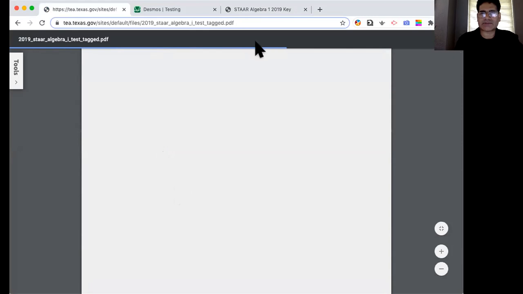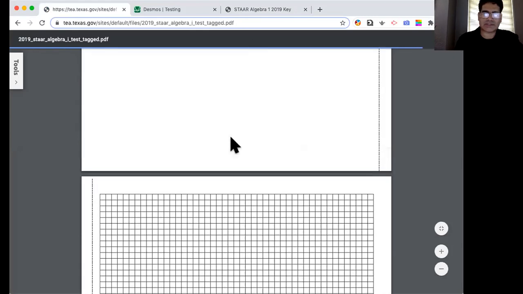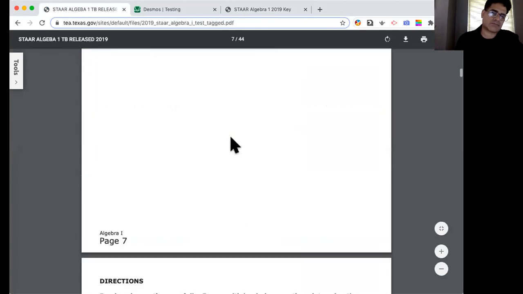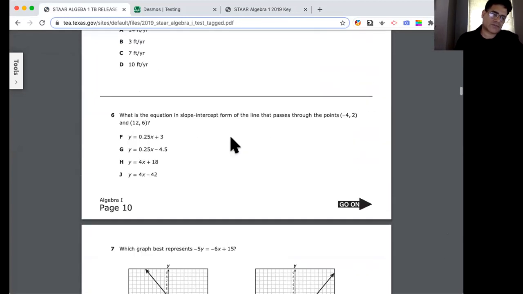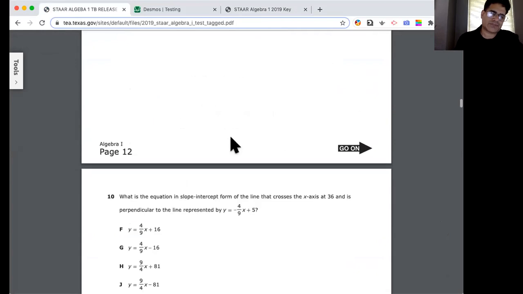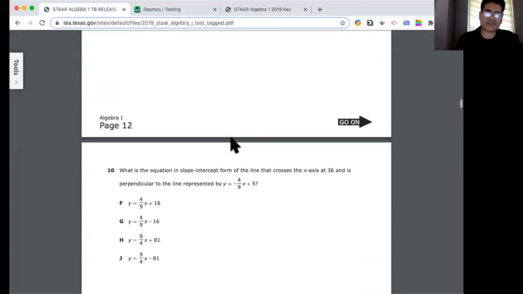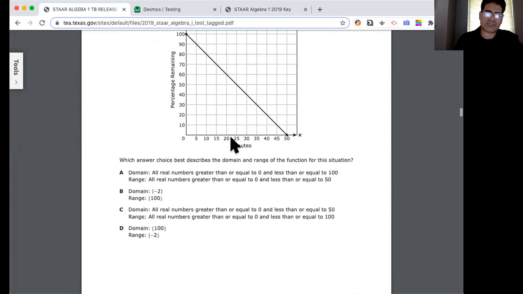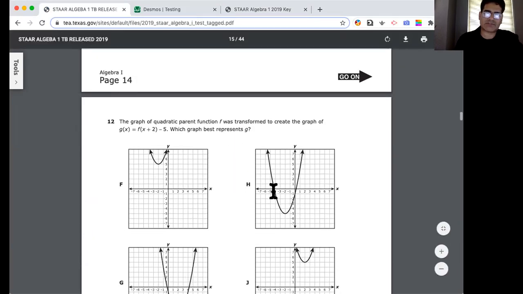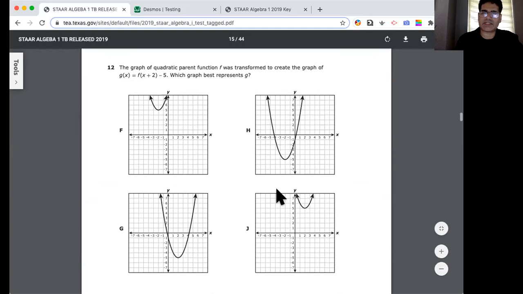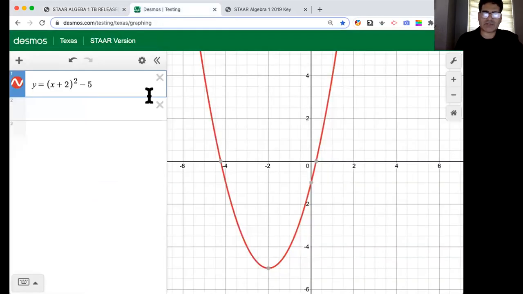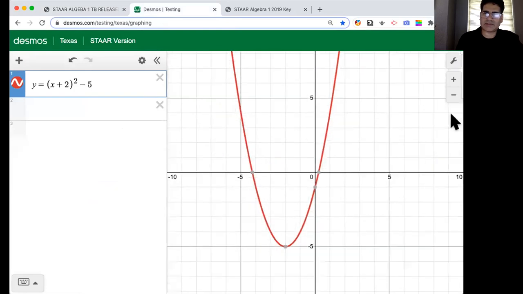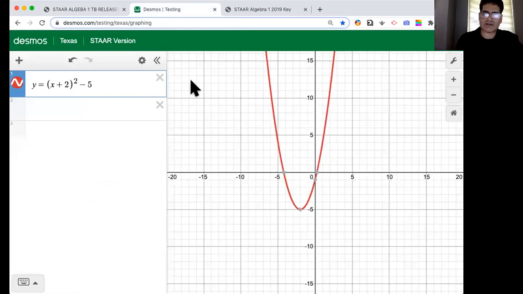And while that is going on, all right. So we were at number, if you do a few of these, you kind of, let's see. All right, so we did 10, 11 was the one we didn't use Desmos for, 12 is the one we actually chose an H. We've already erased all of that, but I have not erased the Desmos, and it definitely looks more like our graph there.